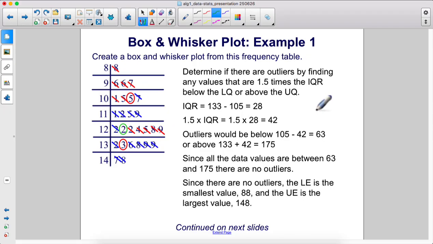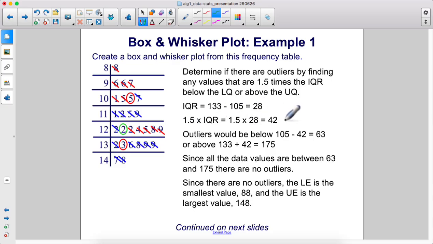Determine if there are outliers by finding any values that are 1.5 times the interquartile range below the lower quartile or above the upper quartile. So the IQR, the interquartile range, is 133 minus 105, which is 28. 1.5 times 28 is 42.